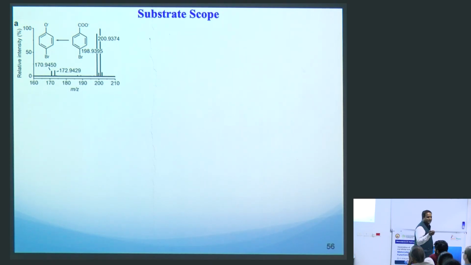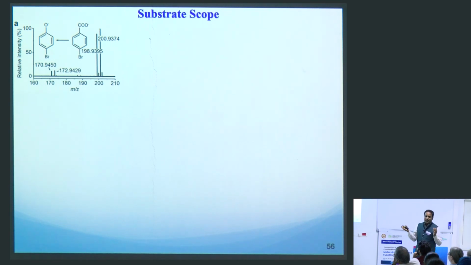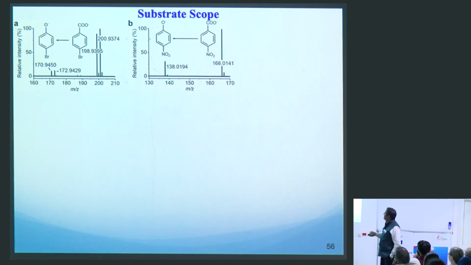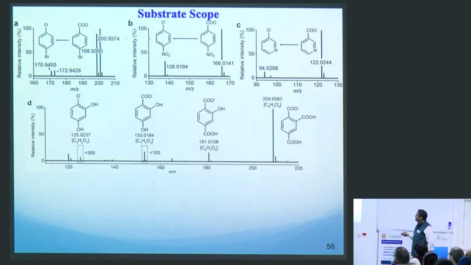Yes, bromine is present. So if we have the peaks M and M plus 2, it's because of the isotopic abundance of bromine-79 and bromine-81, which are almost in a 1:1 ratio. That makes the M and M plus 2 peaks, which clearly tells us that the product formed. And also with nitro-substituted compounds, electron withdrawing groups, or heteroaryl systems, derivatives, decarboxylation occurred, and one can get the hydroxyl compound.